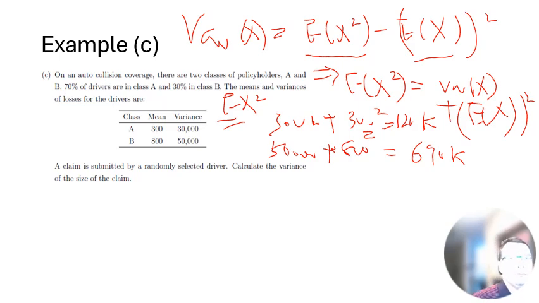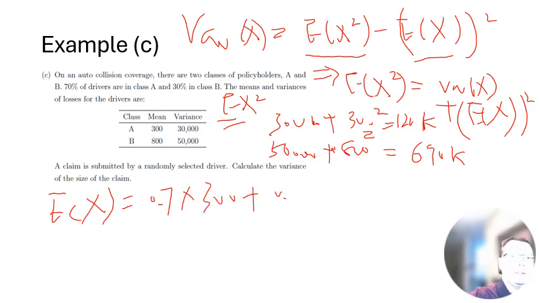Once we have that, in the second step we can calculate Ex, which is 0.7 times 300 plus 0.3 times 800, which is 450.